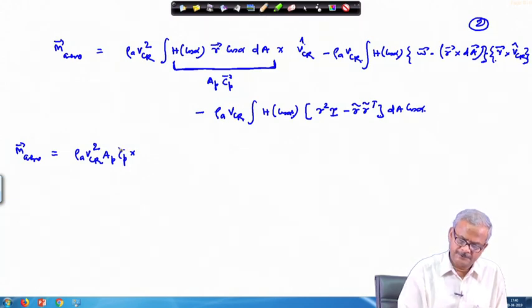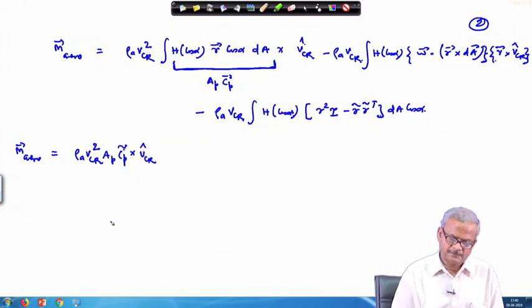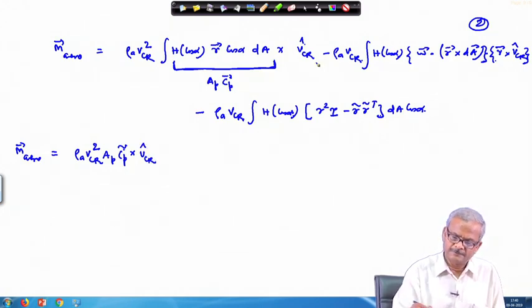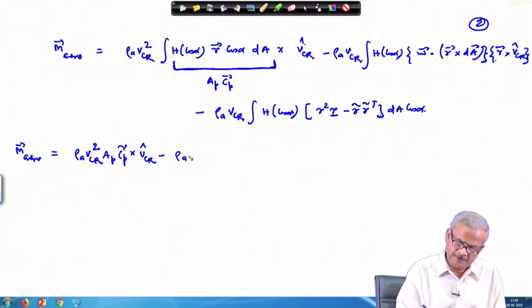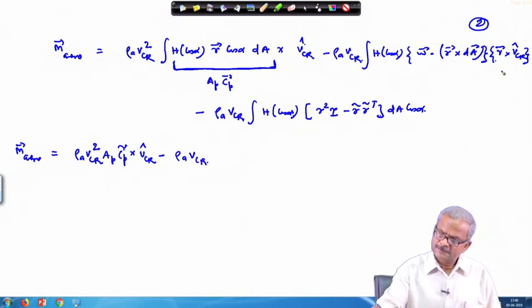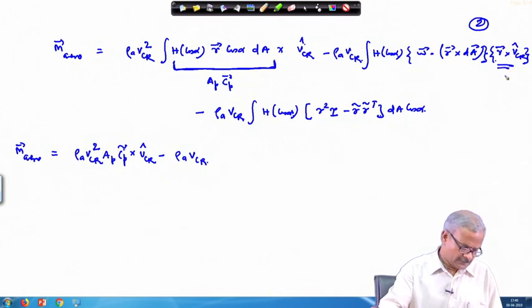The same thing can be written as C_P tilde times V_CR cap. This is the first term, and minus rho A times V_CR, the second one I am taking.